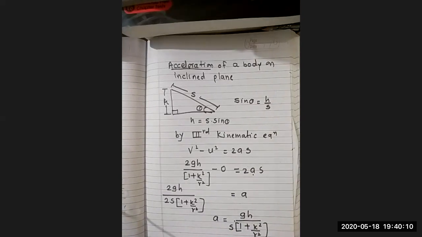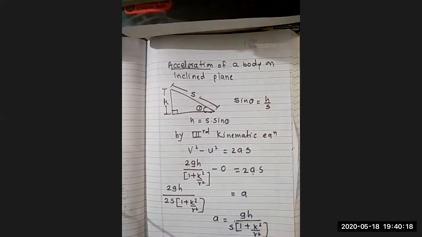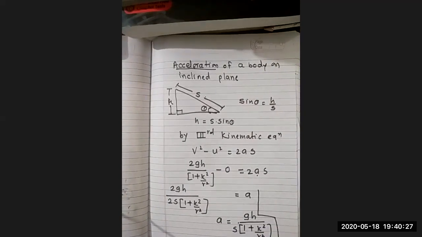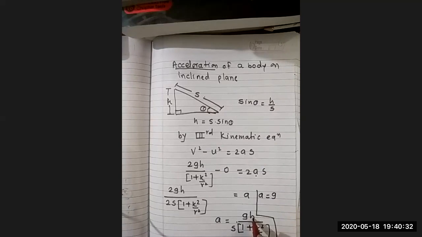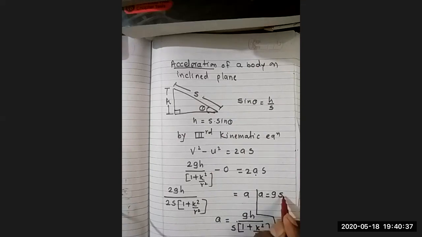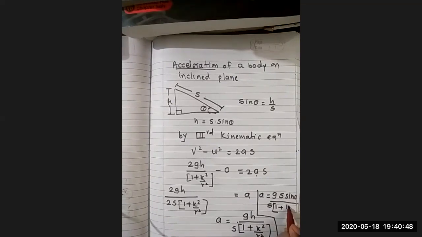So here you can place the value of h like this. What will be the value of h over there? Let's rewrite this particular equation. So what is a? A will be equal to g as it is. Instead of h you can place s into sine theta, whole divided by s into 1 plus k square upon r square.